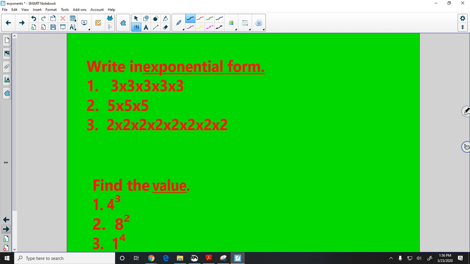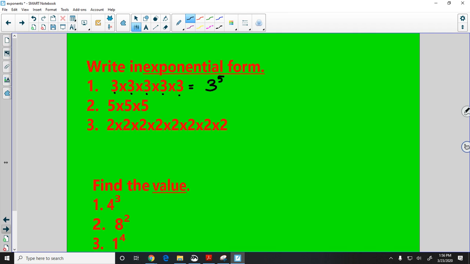All right, so let's look here, for example. We have some problems here where they're written as repeated multiplication, and we want to put them in exponent form. So I have 3. See how 3 is the number that's being repeated? That's going to be your base. How many times is the number 3 repeated? 1, 2, 3, 4, 5 times. So I would write this as 3 to the 5th power.